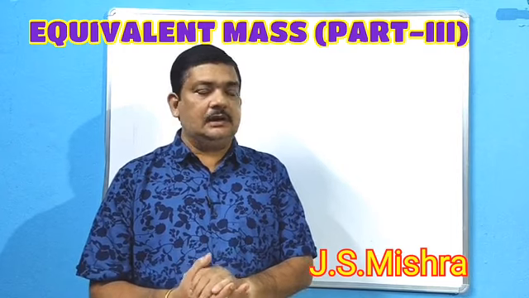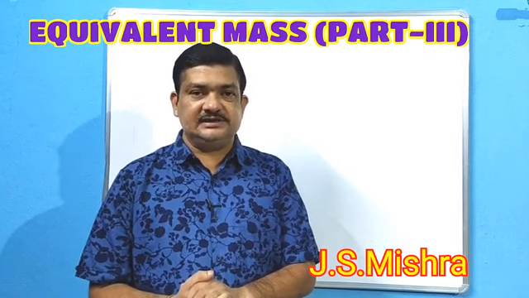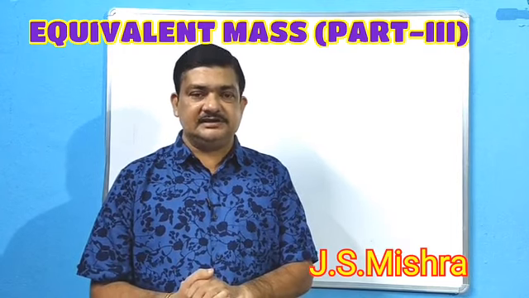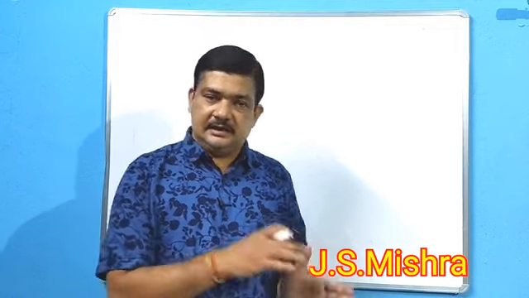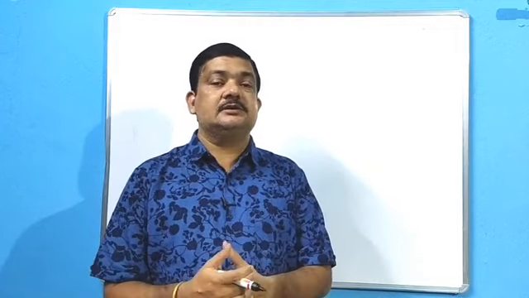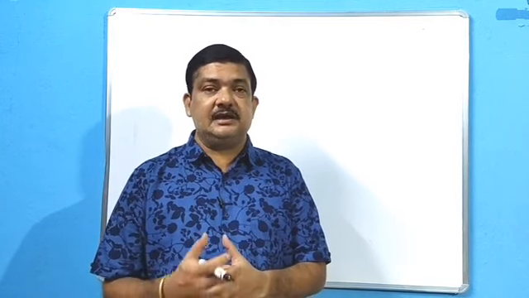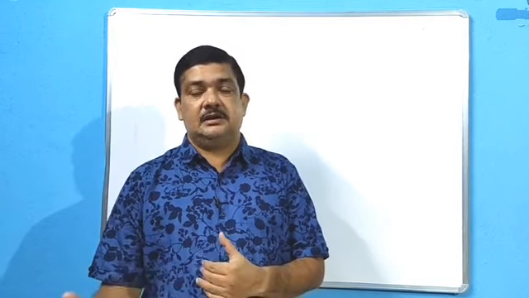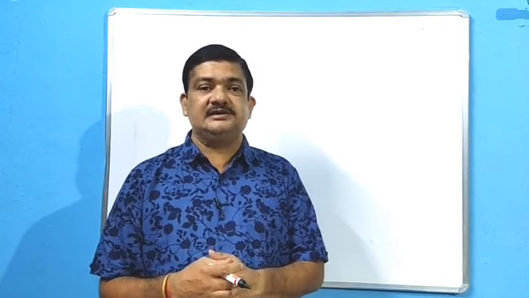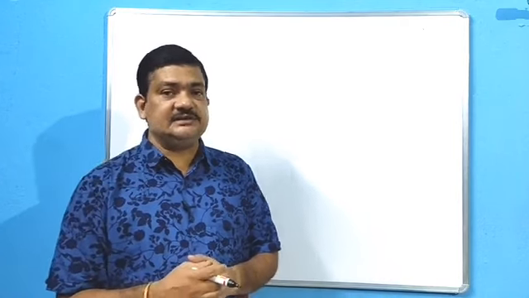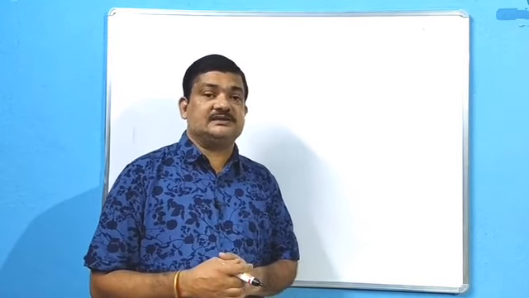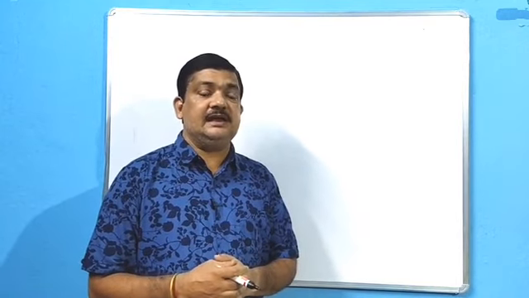That means all the hydrogen atoms present in an acid cannot be replaced. It depends on conditions and also upon the reaction. So the number of H plus ions released by the acid determines its basicity.